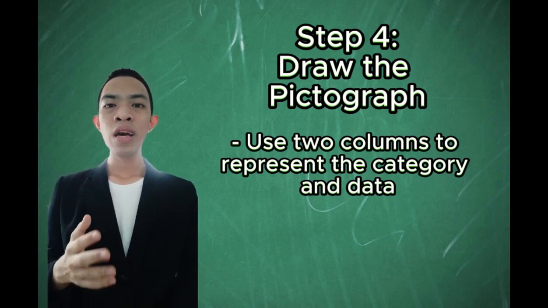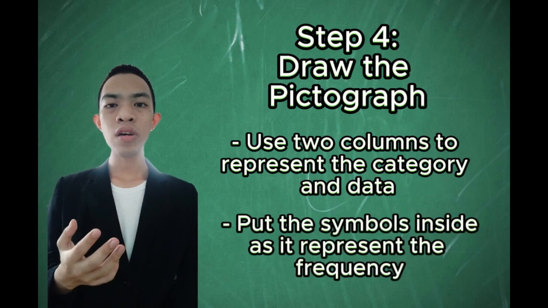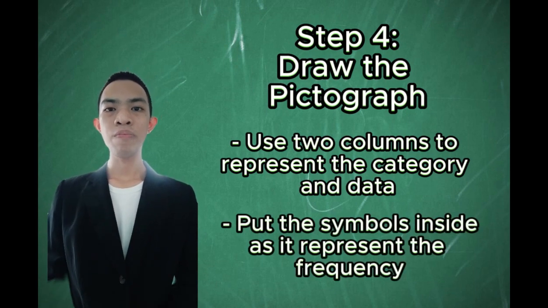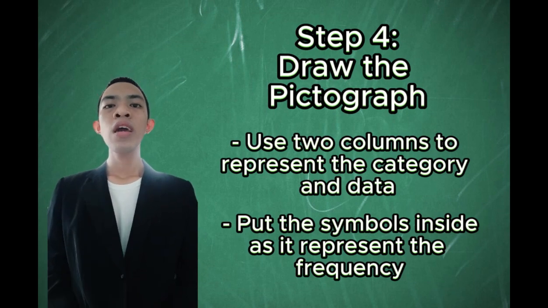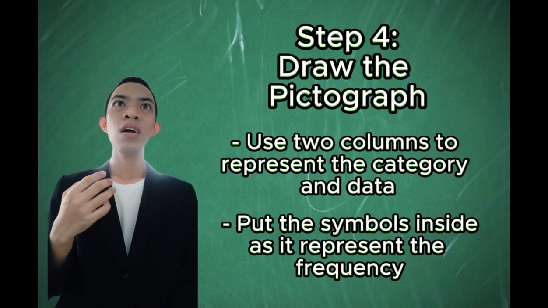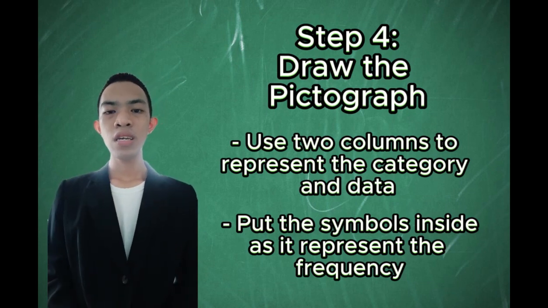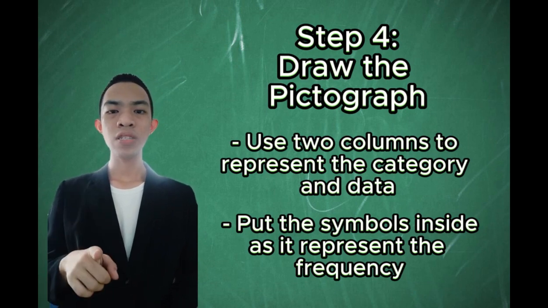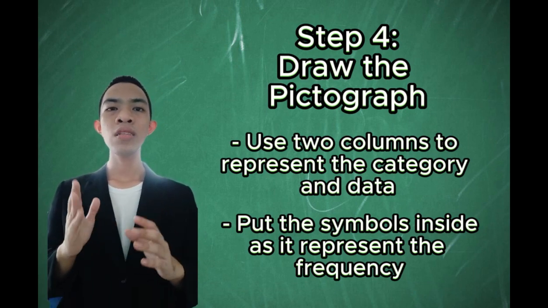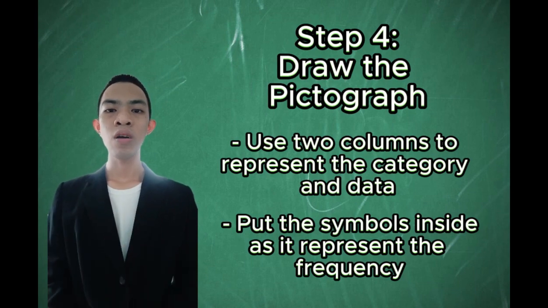After that, we can finally put our symbols or images inside the pictograph, as they represent the frequency for our problem. In case our frequency is not a whole number but a fraction, we can draw the symbol as a fraction by making it half of the whole.